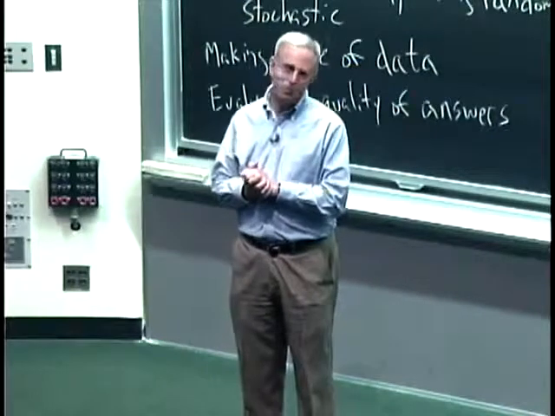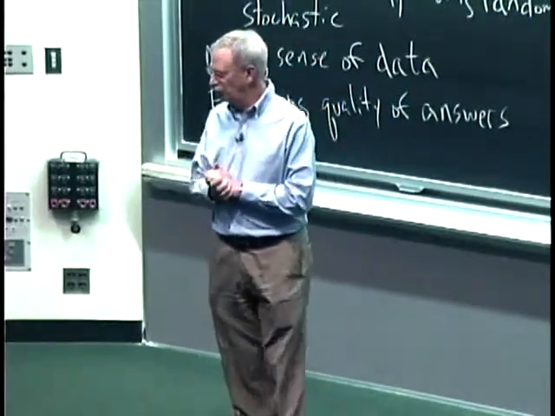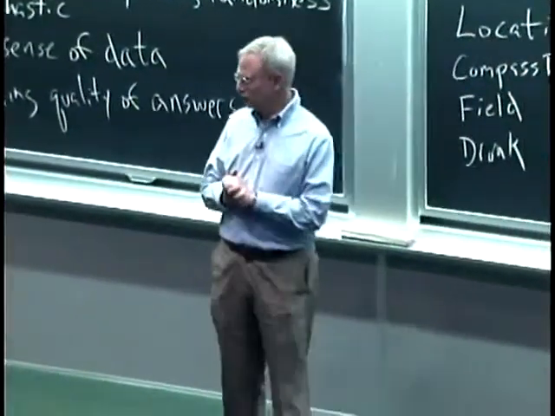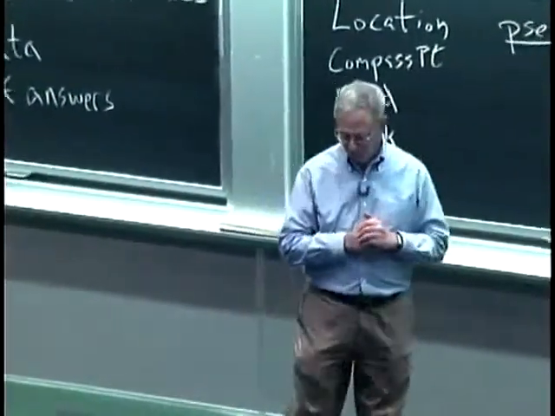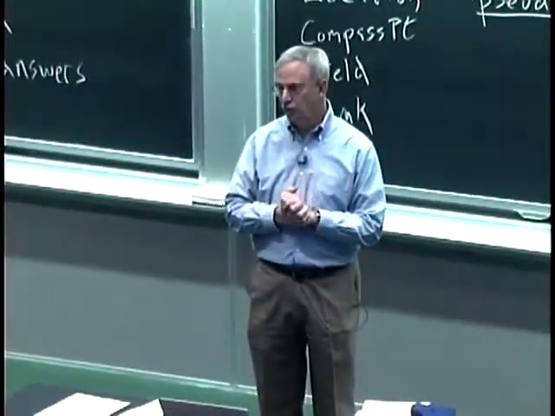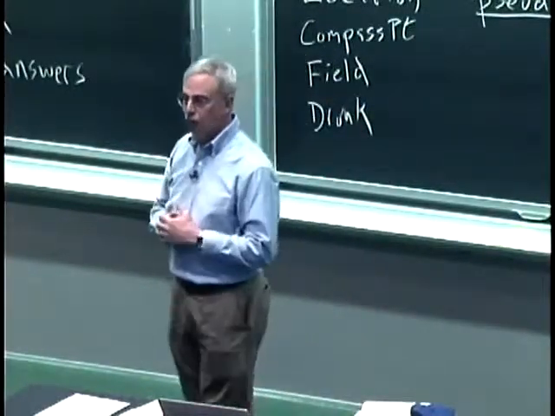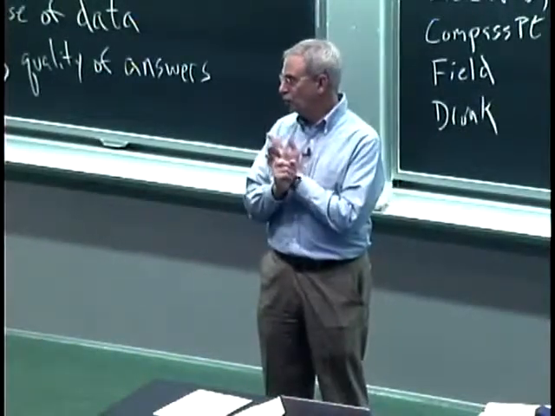Later we might say, well, it would be fun to put a whole bunch of drunken students in and watch what happens when they bump into each other. And we'll actually later give you a problem set, not with students, but with other things where there might be more than one in a field. But here I've made that decision. But again, I know where I've made it. And if later I go back and say, let's put a bunch of them in, I don't have to change compass point. I don't have to change location.